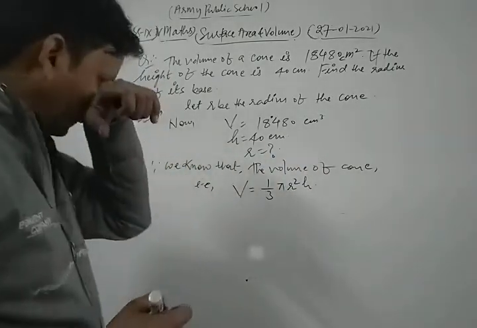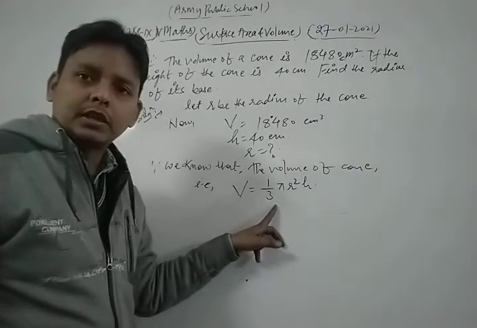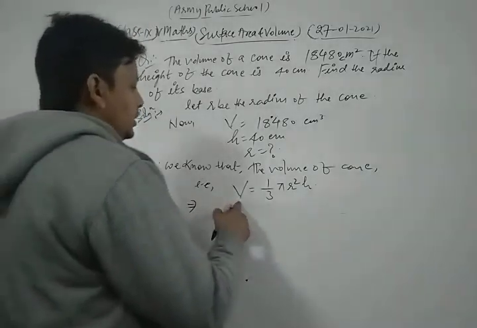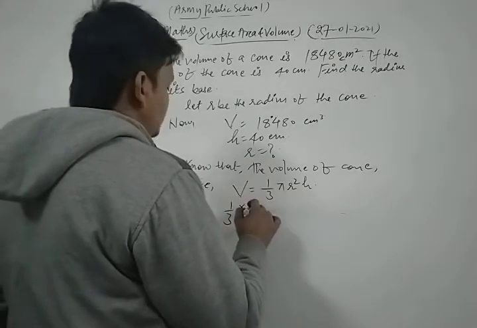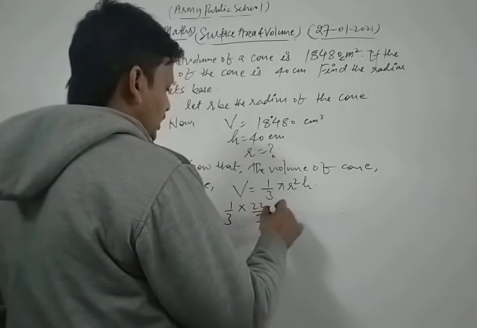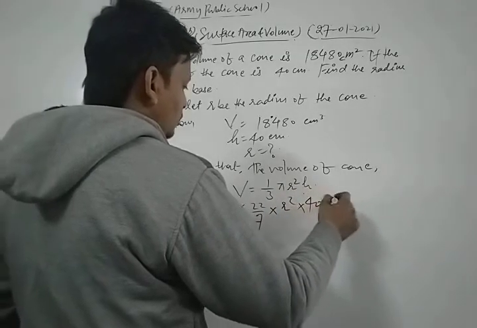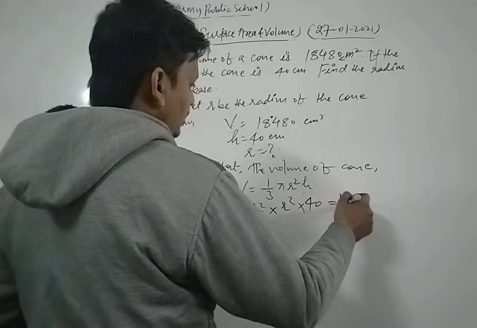Okay, the volume of cone is 1/3 pi r square h. In this way we put 1/3, we take the value of pi as 22/7 into the value of r which we find, and the value of h is 40, equal to the volume of the cone.